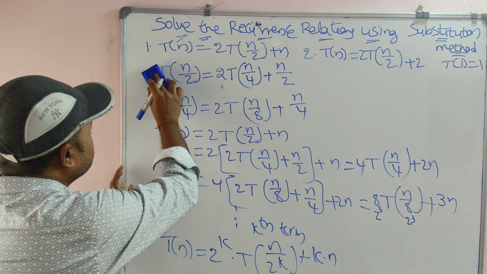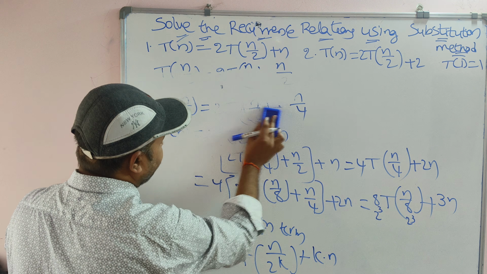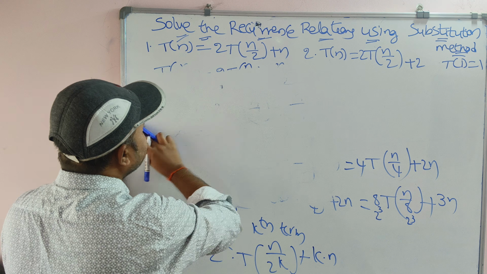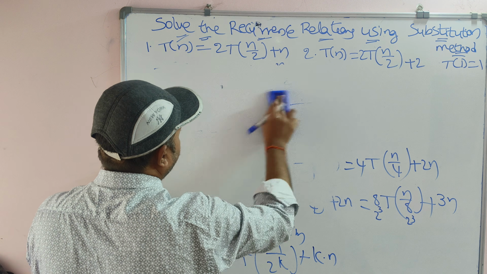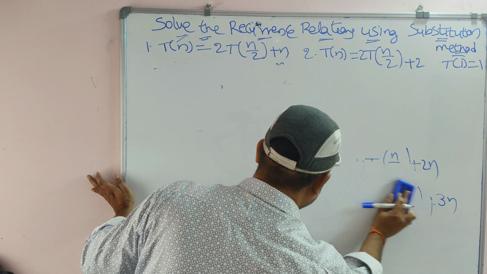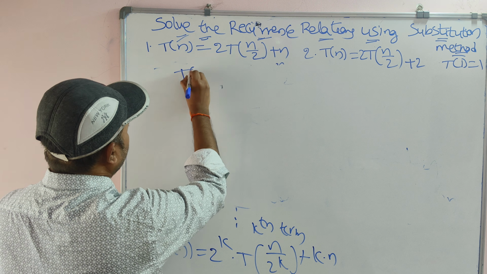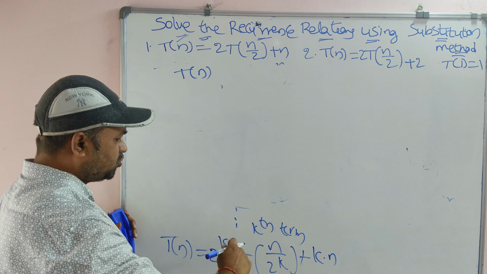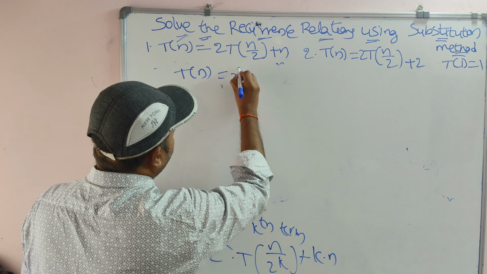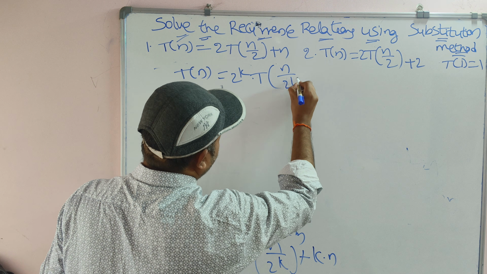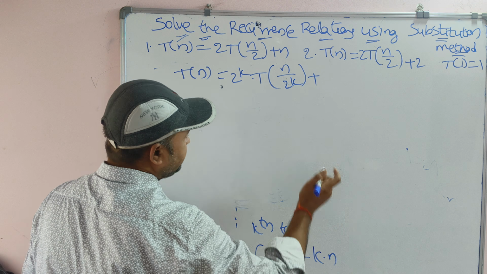Okay. So for space constraints, I am arranging this portion. So what is the equation now? The recurrence relation, the kth term, is T(n) = 2^k into T(n/2^k) plus k into n.